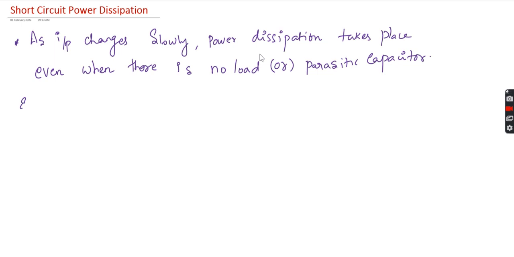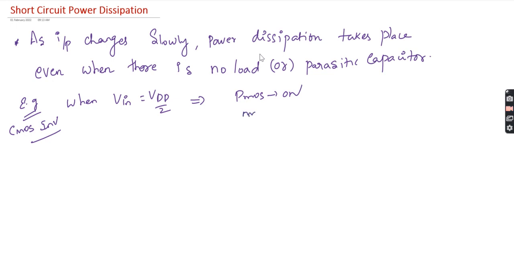So for example, when Vin is equal to VDD by 2, taking the CMOS inverter, what will happen? PMOS is also on, NMOS is also on.